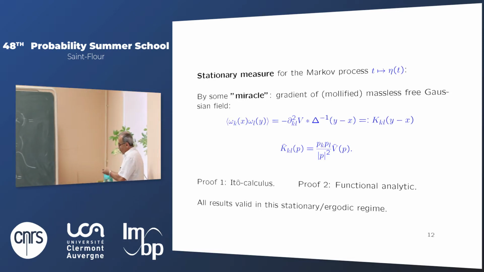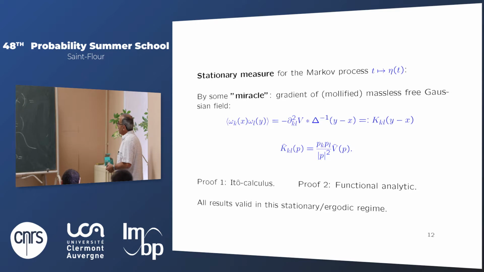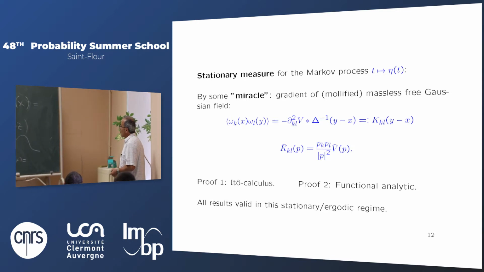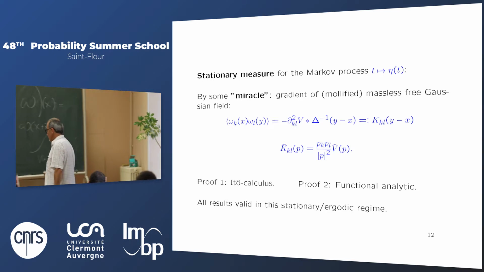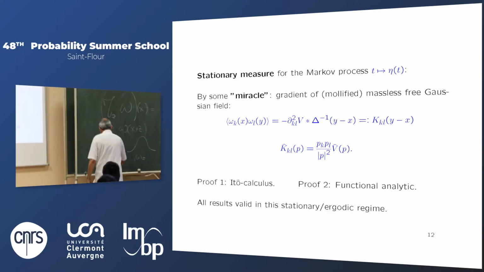So what is this, what you see here again? This is the covariance of the gradient of the Gaussian free field. The Gaussian free field on its own is not a field, it's a generalized function. So you have to smooth it out, take a local regularization of the Gaussian free field, and take now the gradient.